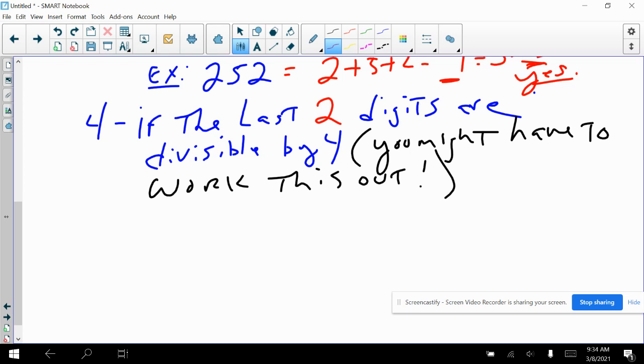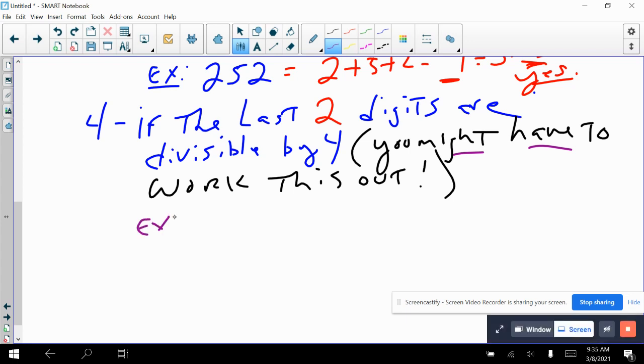Okay, and I wrote here, this is one of those ones where you might have to work this out. This is one where if you don't know your facts, or depending on the numbers they give you, you may have to divide on the side. It's a possibility.